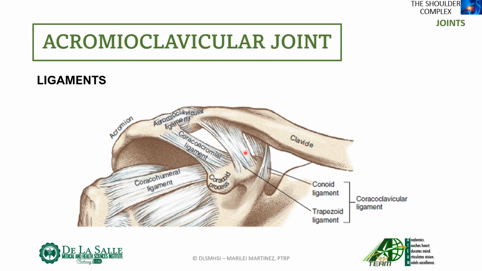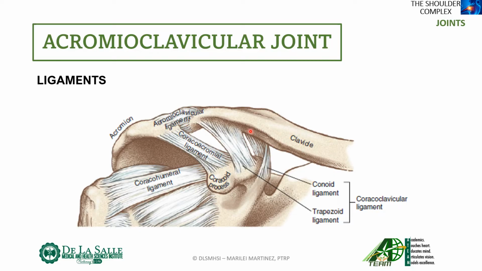Under the coracoclavicular ligament, we have two: your conoid ligament and your trapezoid ligament, which were mentioned already a while ago. The conoid ligament extends almost vertically from the base of the coracoid process to the conoid tubercle of the clavicle, which was again mentioned already under the bone section of this presentation.